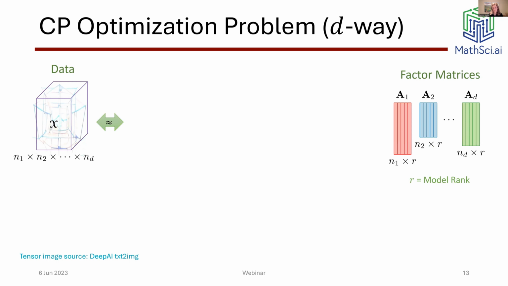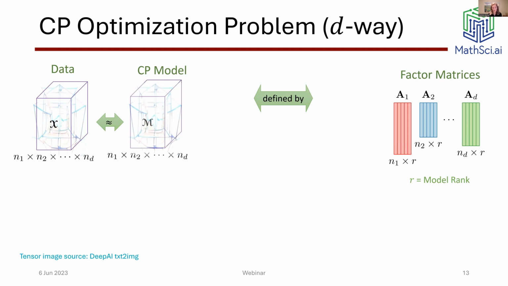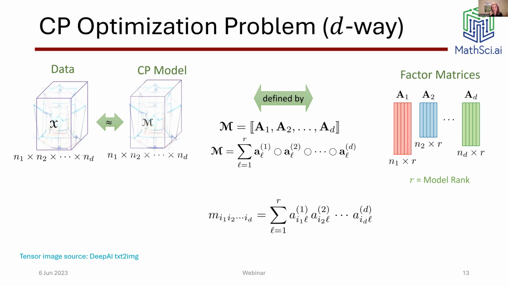We have D factor matrices now, and each of those has the number of rows specified by the dimension of the tensor, and then they all still have R columns, where R is the rank. And then we'll do this outer product. I won't try to draw that, but our model tensor is based on all the factor matrices, taking the outer products of the corresponding rows, and then you can have this complicated formula for the entry. I only mention this because we have this 4-way tensor that is our Chicago data tensor, and we can go to any order D.